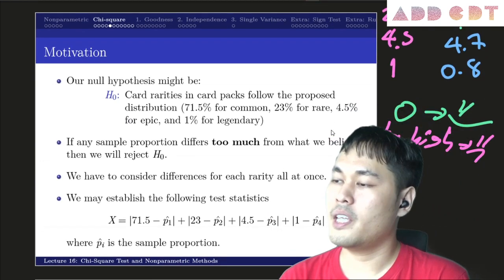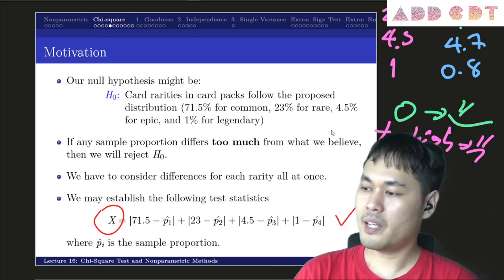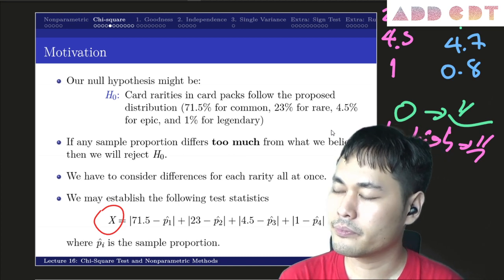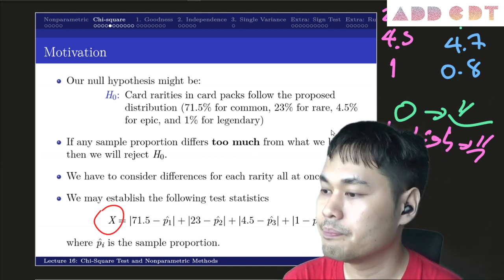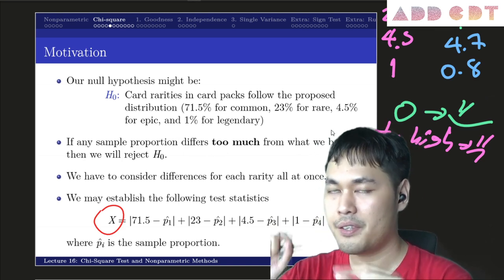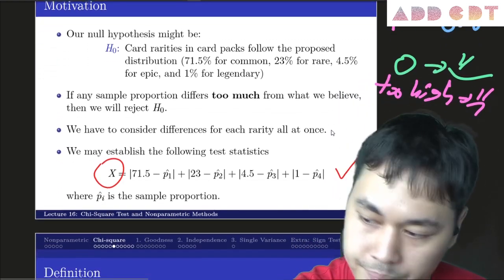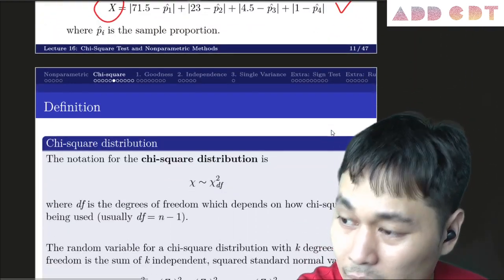So this test statistic reflects what we are trying to measure. Like they add up all the differences and see if that sum of differences is too high or not.